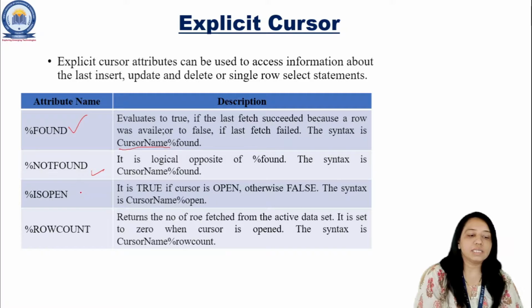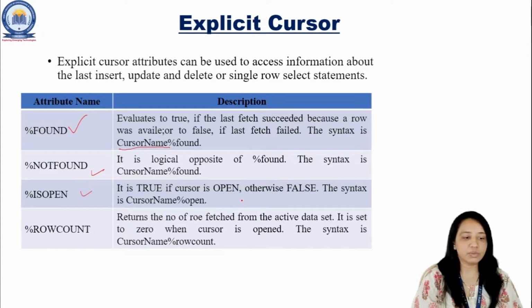Now %ISOPEN. With an implicit cursor we cannot access this attribute, since it opens and closes implicitly. But with an explicit cursor we can check it, using the cursor name followed by %ISOPEN. It returns true if the cursor is open, otherwise false. %ROWCOUNT returns the number of rows affected by the last insert, update or delete statement.